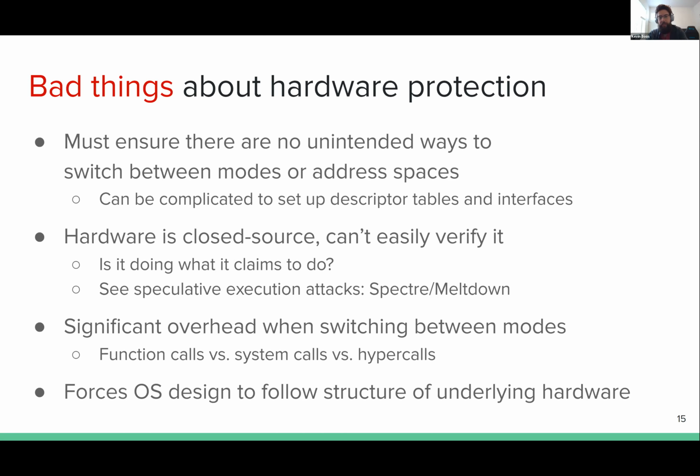Another big problem is that hardware is closed source, so we can't easily verify it on our own. We just have to trust that Intel, AMD, Samsung, whoever, are ensuring that their verification is right and the hardware does what it claims to do. If you don't believe me, you can just look at the extensive amount of speculative execution attacks that have come to light in the past 5 years, namely Spectre and Meltdown. I don't really have a lot of time to go into it, but basically processors were doing speculative execution, accessing memory for instructions that were going to run in the future.